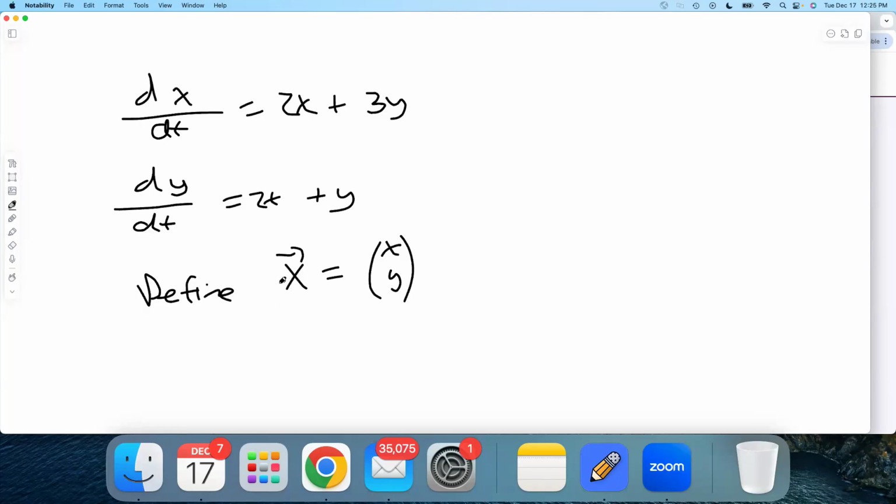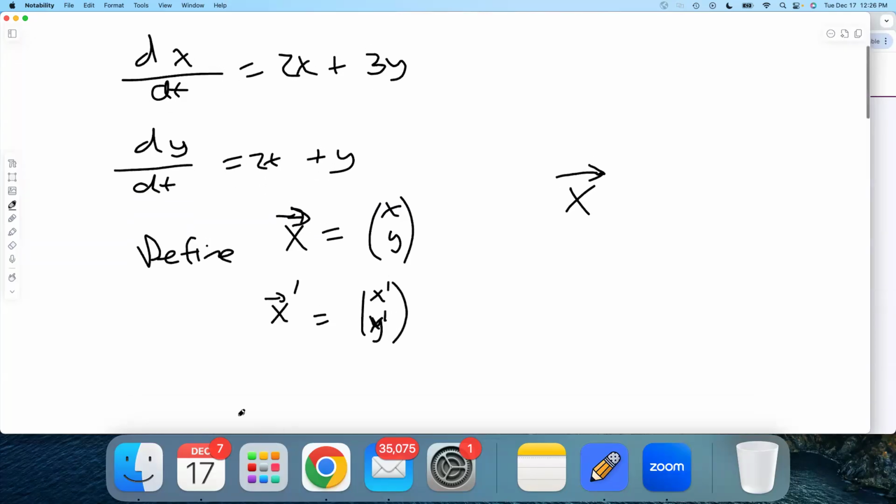So the vector x, sometimes people have trouble with my handwriting there. When I'm writing that, what I'm writing is an arrow representing a vector. So that is a vector x and it's x, y. Then vector x prime would just be x prime, y prime.